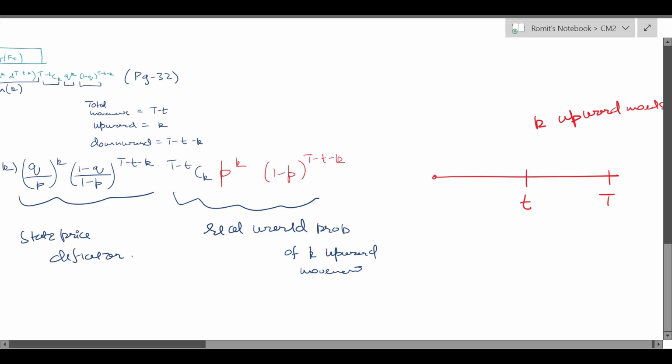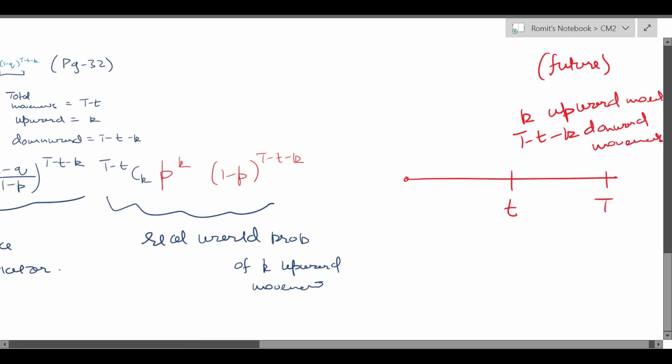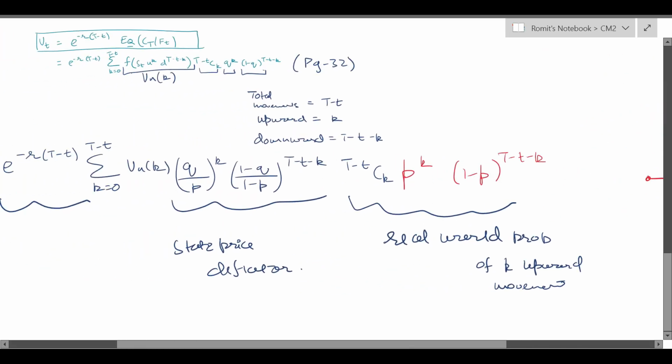And capital T minus small t minus k downward movements. But this is something which is going to happen in the future. We don't know if these will be the numbers. These are just arbitrary numbers, and we are anyway adding over all the possible values of k.